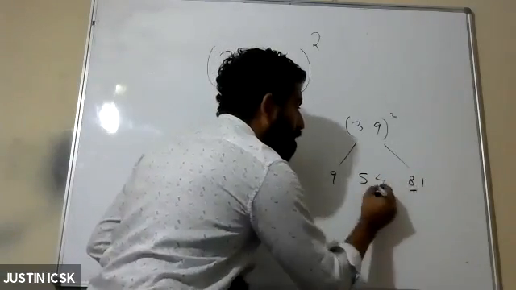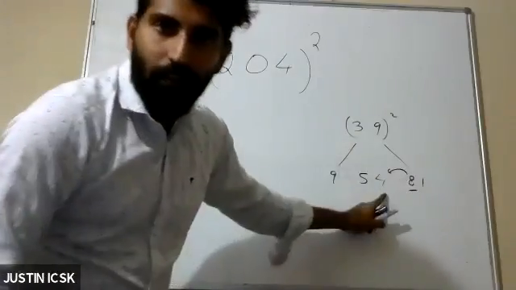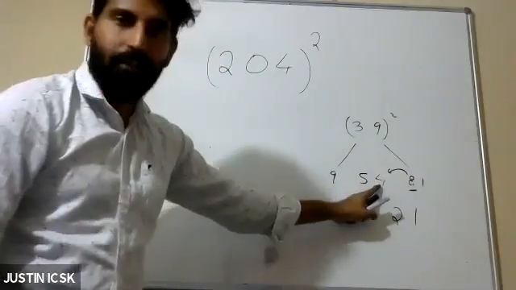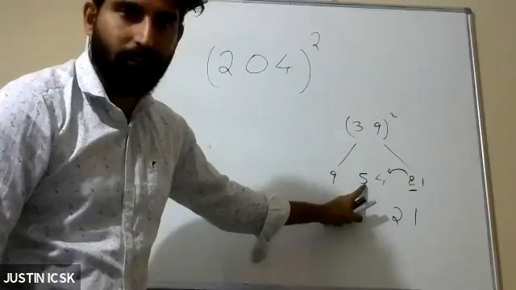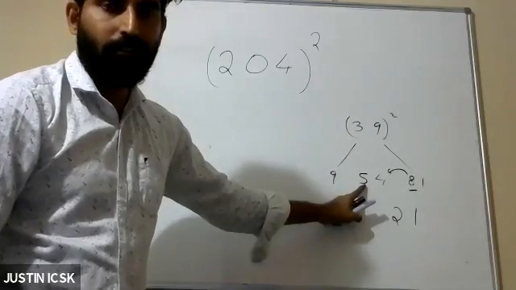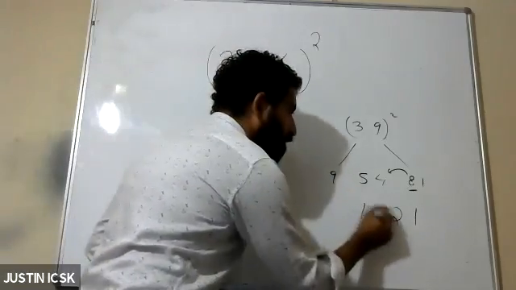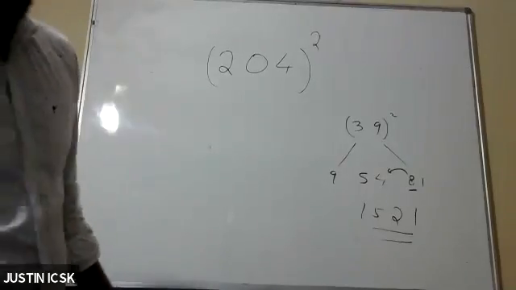When we carry 8, it will become 12. So 2 comes here. Then 1 will become 6. That 6 should carry. 9 plus 6, 15. 1521 is the answer we get, right?